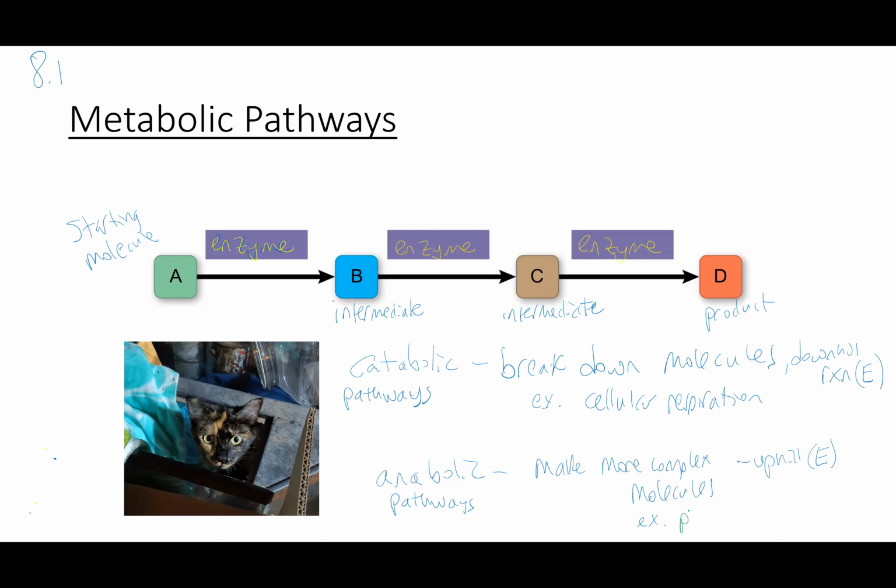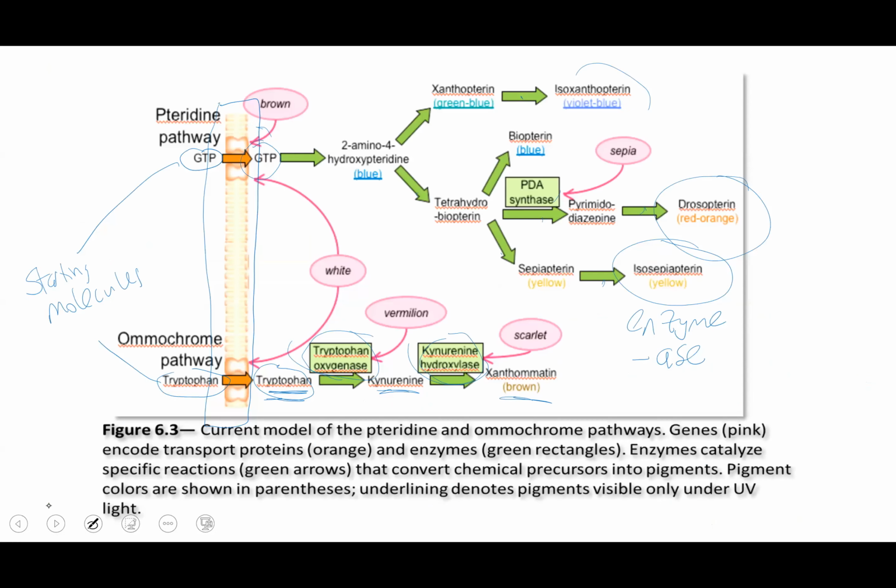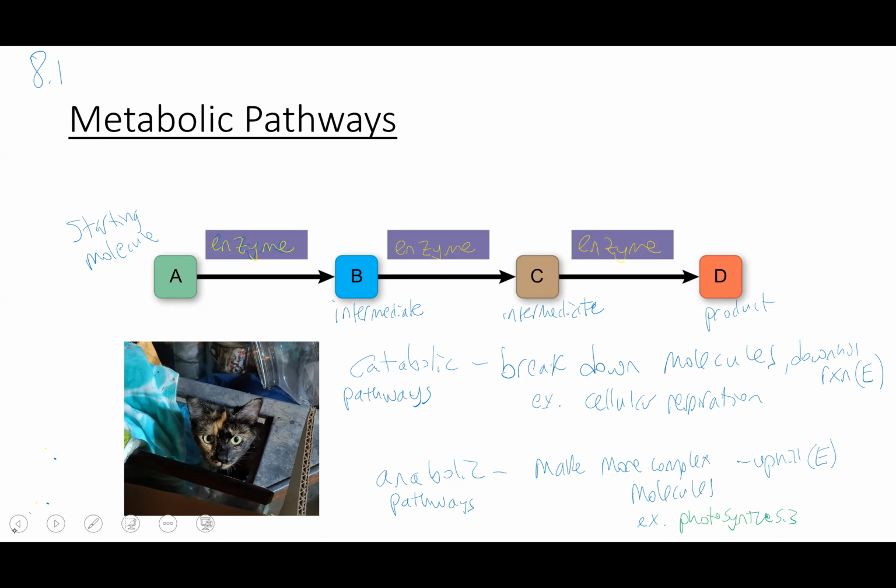Photosynthesis, yeah. Another example is protein synthesis, which we'll talk about later in the semester in more detail, but taking amino acids and putting them together would be anabolic. We're making something more complex, a more complex organic molecule.